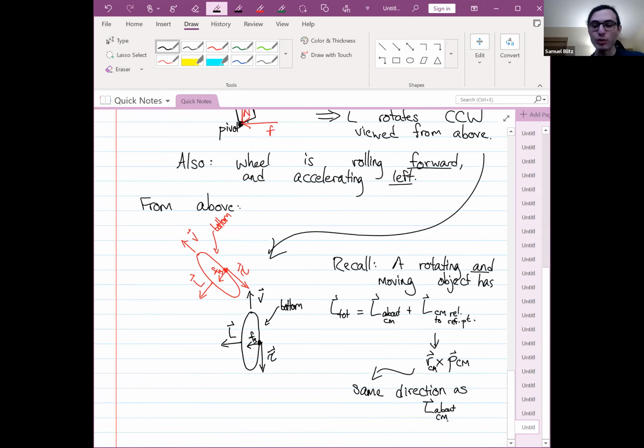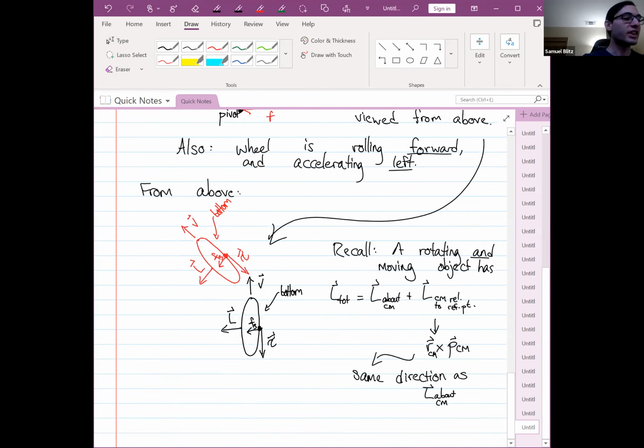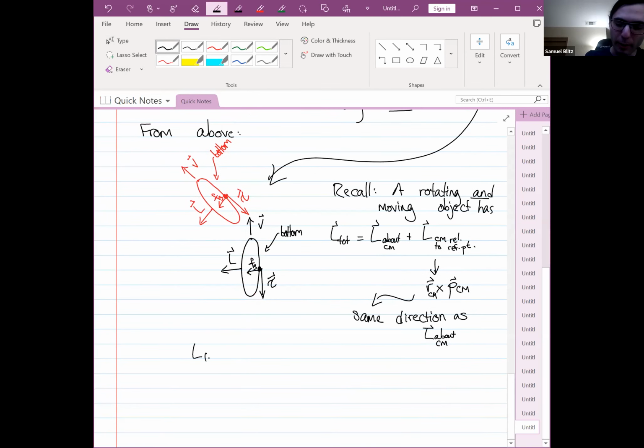So the end result of all of that is that the total angular momentum, which is what we really should have been considering to begin with, is in the same direction as the angular momentum about the center of mass. It's just more.